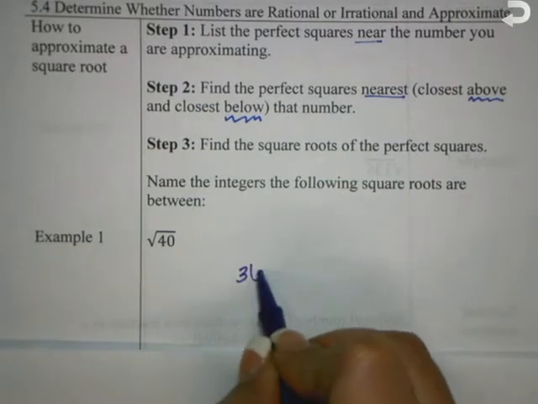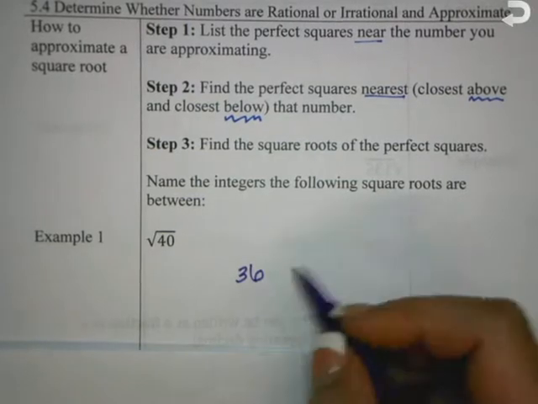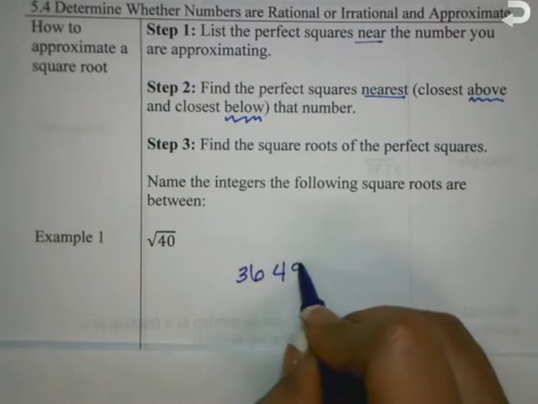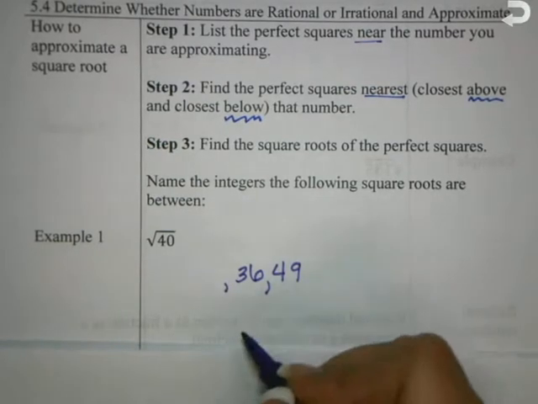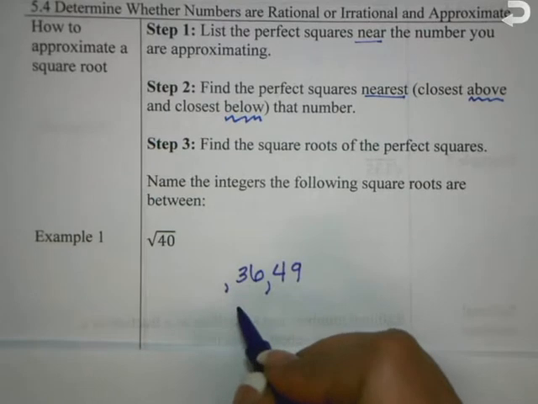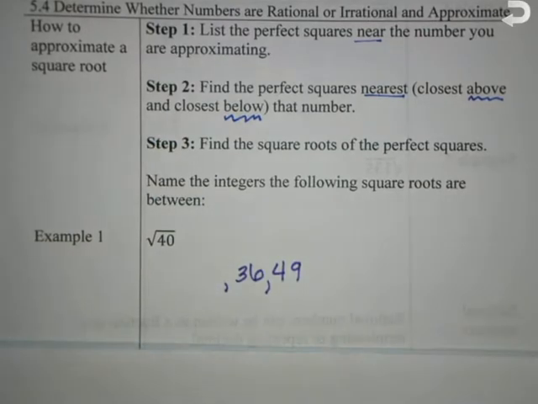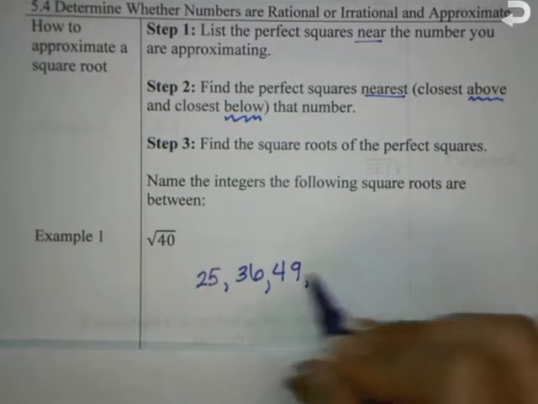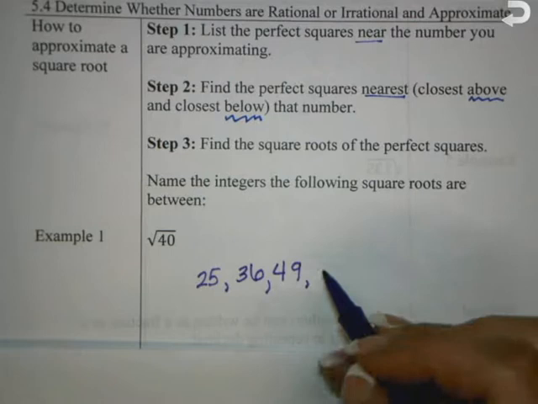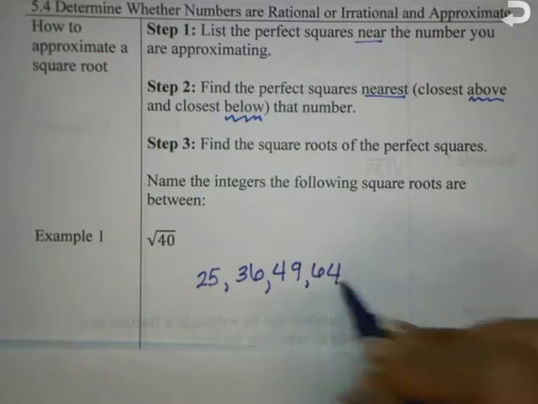What's another one? 49. Anything else? What perfect square comes before 36? 25, right? And what's the one that comes after 49? 64. Okay, that's probably enough, right?